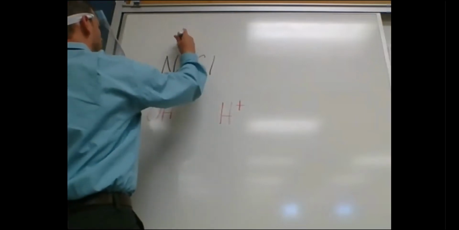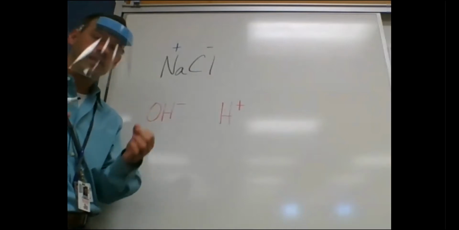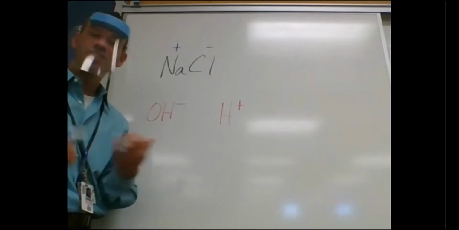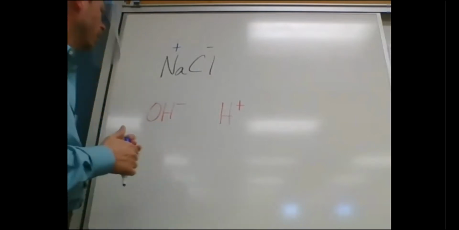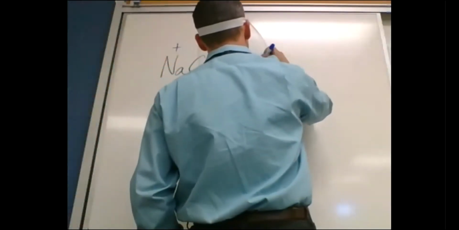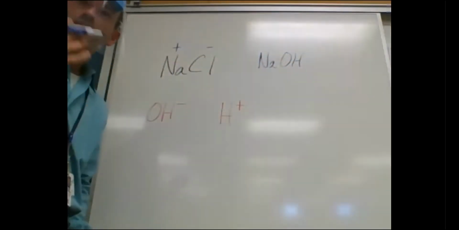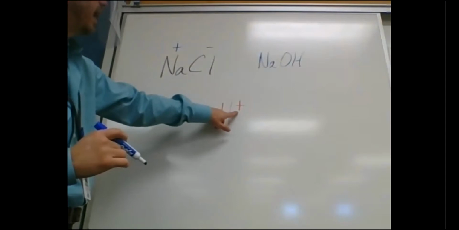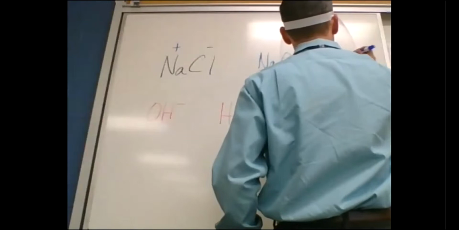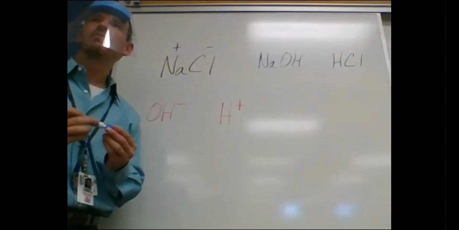So I could look at the oxidation state of sodium and chlorine and look at their respective charges. To find the parents, I just need to connect the opposites. So one of the parents, if you connect the minus to the plus, is sodium hydroxide. The other parent, by connecting the minus and the plus, is hydrochloric acid. Questions on how I found the parents?